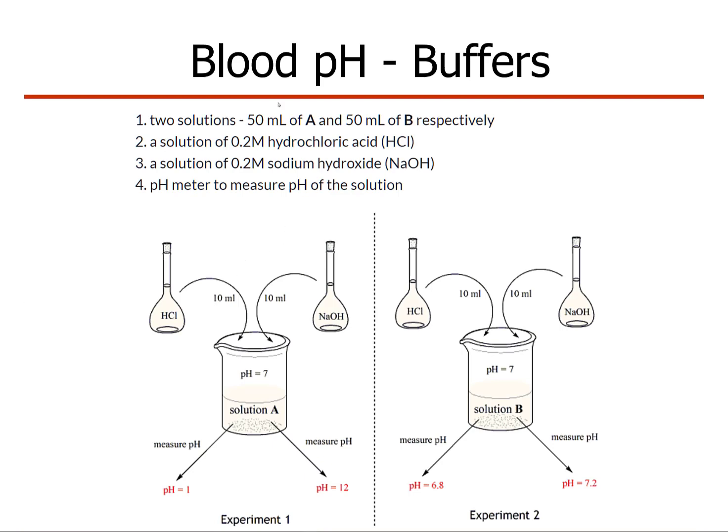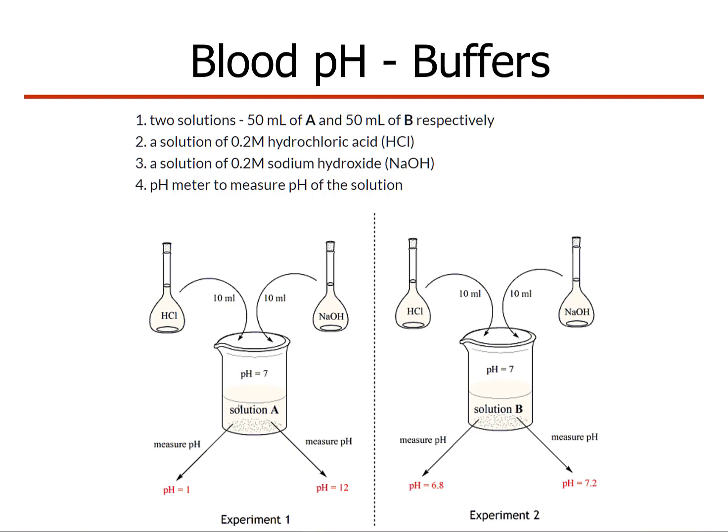So here's a real world blood pH and buffers example. Two solutions, A and B. A solution of 0.2 molar hydrochloric acid and a solution of 0.2 molar sodium hydroxide and a pH meter to measure the pH.